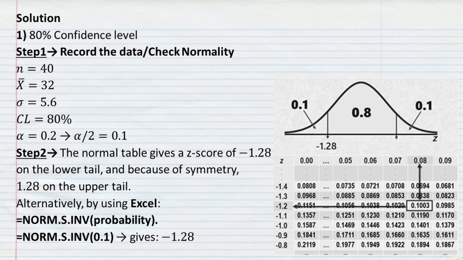Step 1. Extract the statistics from the recorded data and check normality. Step 2. Get the critical value from the z-distribution table, or by using Microsoft's Excel. The normal table gives a z-score of -1.28 on the lower tail, and because of symmetry, 1.28 on the upper tail.